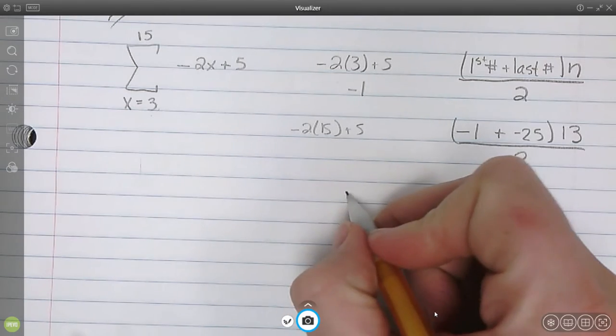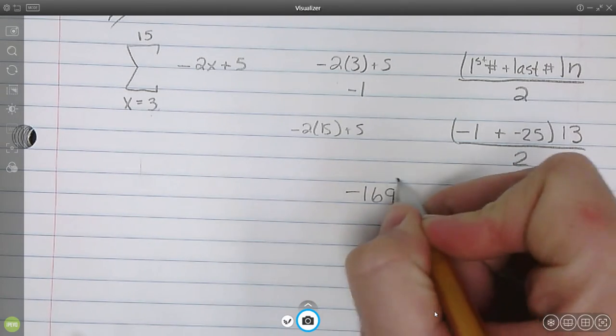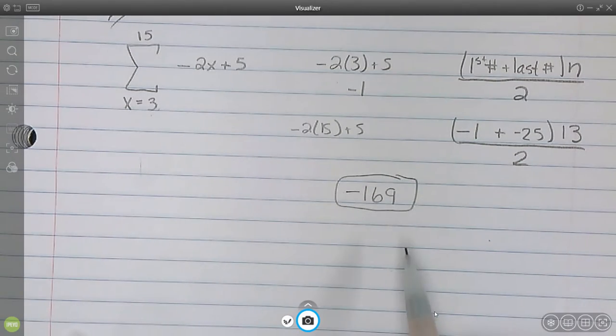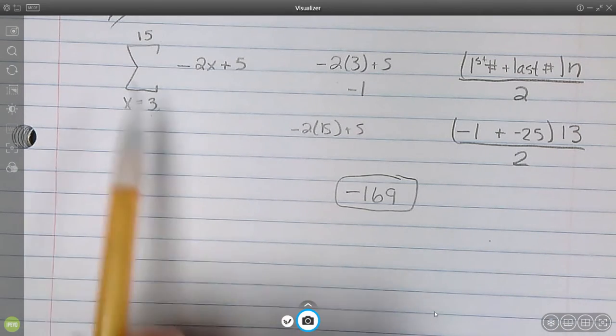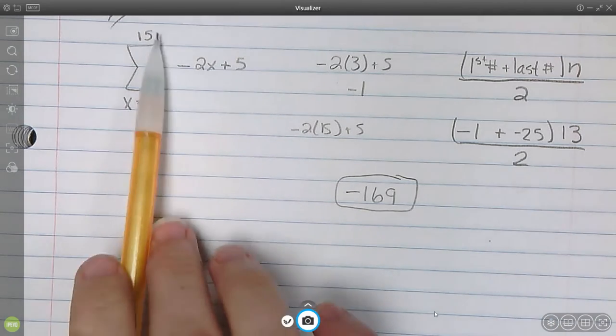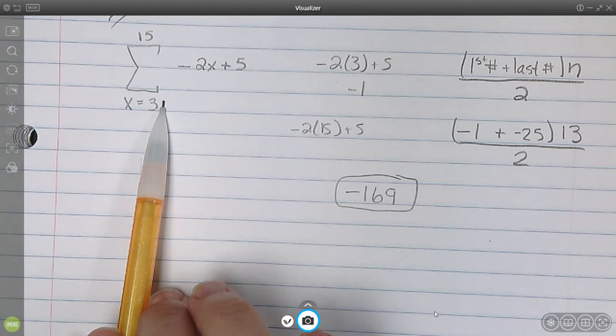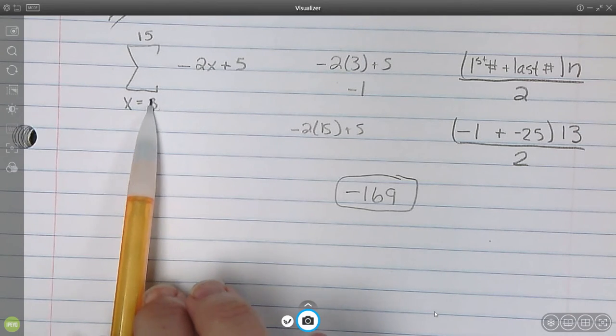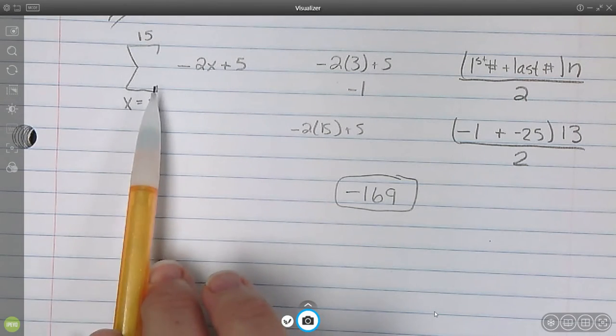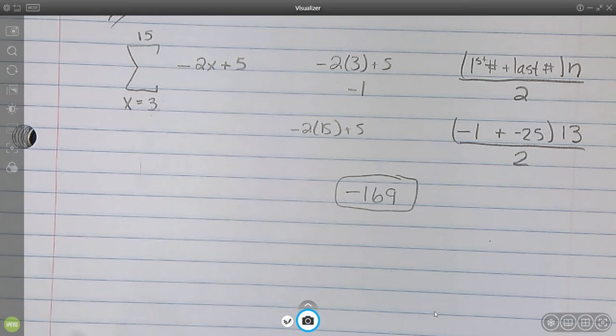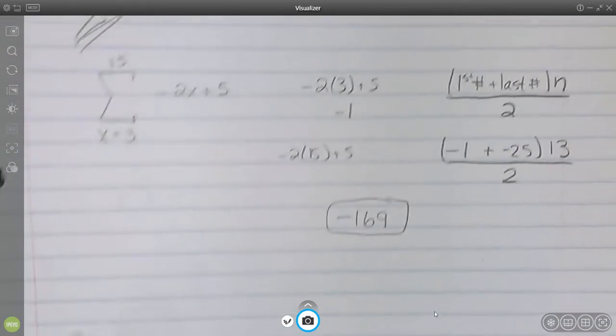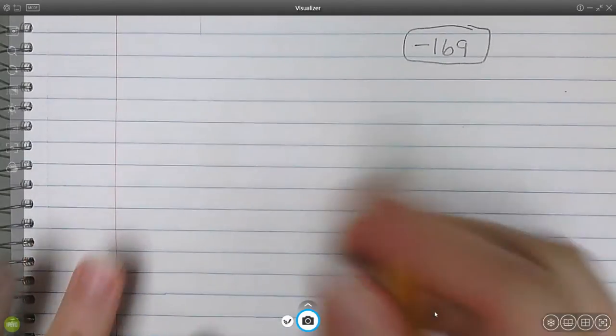So the answer is negative 169. That was an arithmetic one. Again, the biggest mistake that kids will make is they subtract these and get 12, but you have to include both 3 and 15, which makes your number of numbers 13.